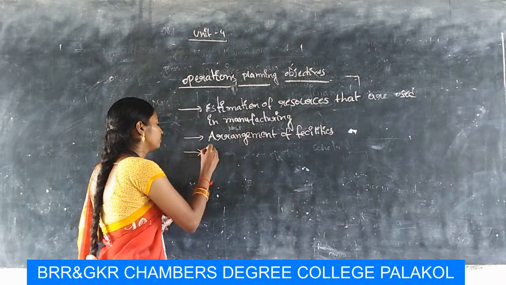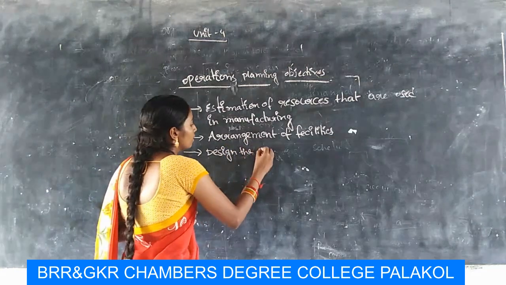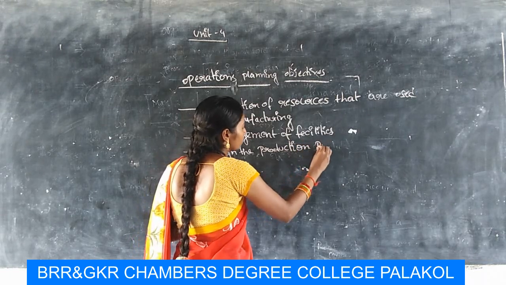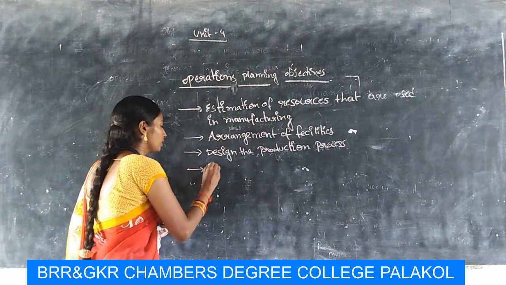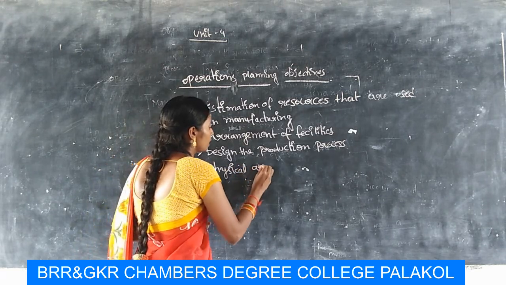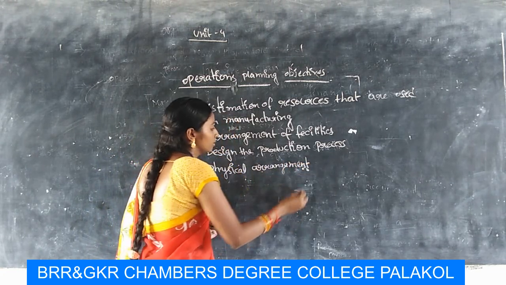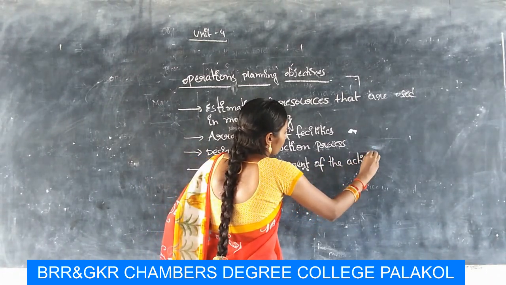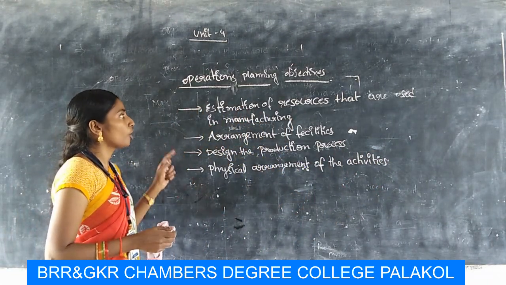Next, designing the production processes. And next, physical arrangement of the activities. These are the objectives of operations planning.